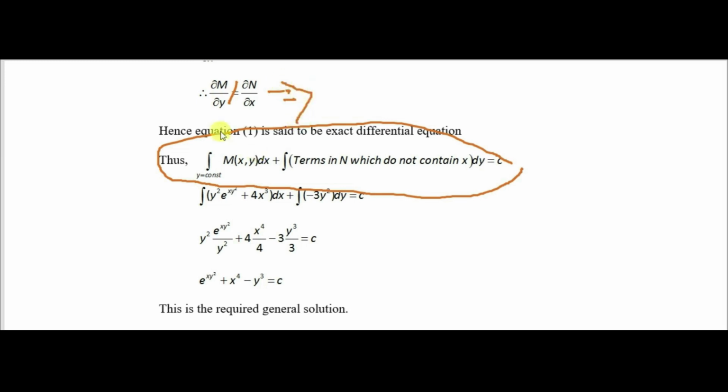Non-exact equations are also solved by using exact differential equations. We have to first convert the non-exact into exact, and then solve the equation. We will take the non-exact case in the next lecture, and to find the solution of a non-exact differential equation, we must know how to solve the exact differential equation.